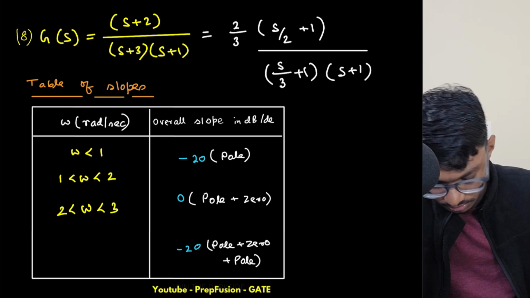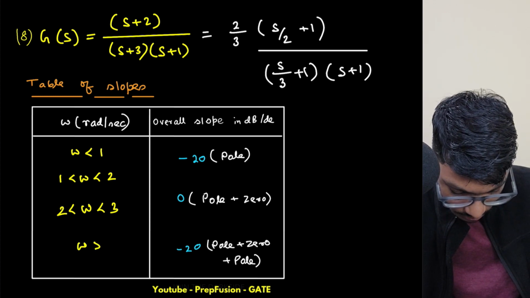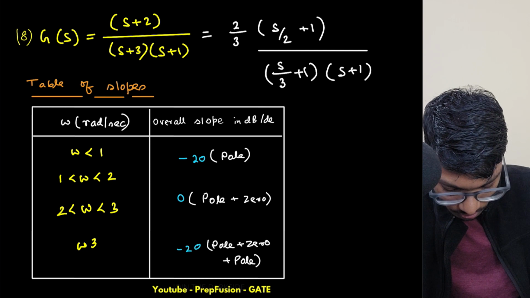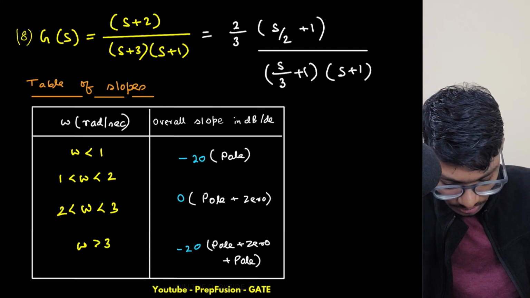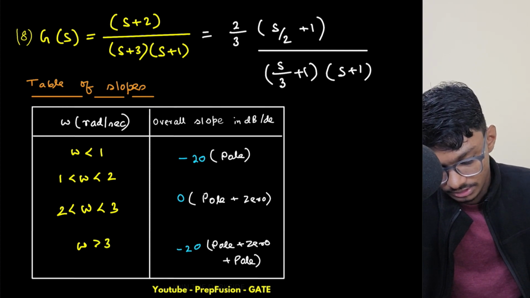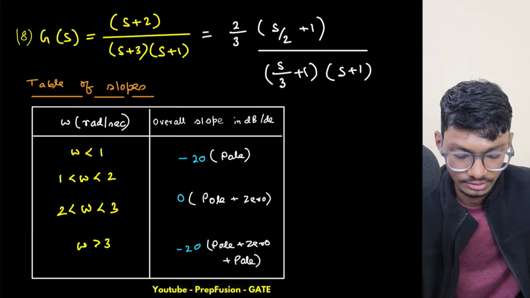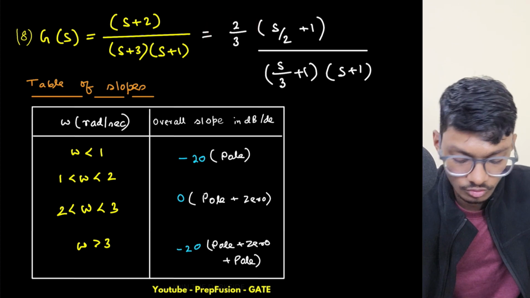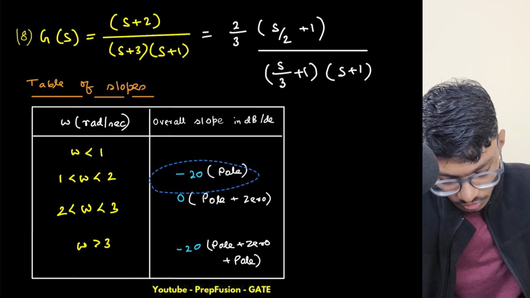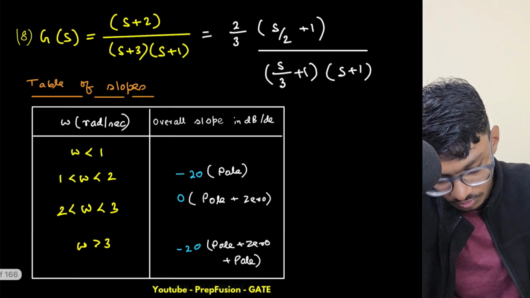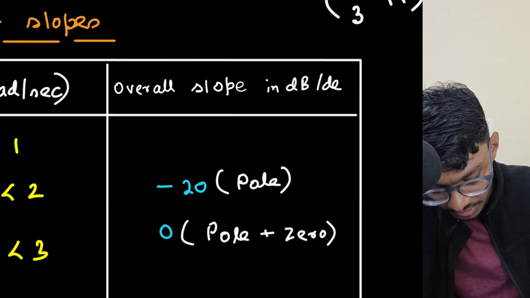Here omega is greater than 3. So these are my 4 ranges basically. Initially, omega less than 1, we have nothing. We have a constant value, so the magnitude is constant, slope is 0, and we have some magnitude.